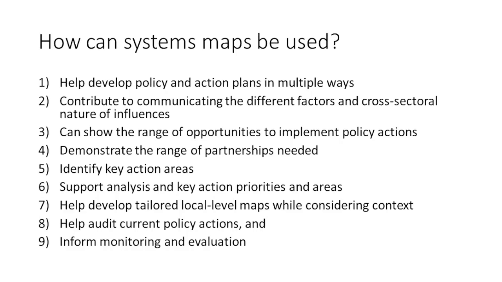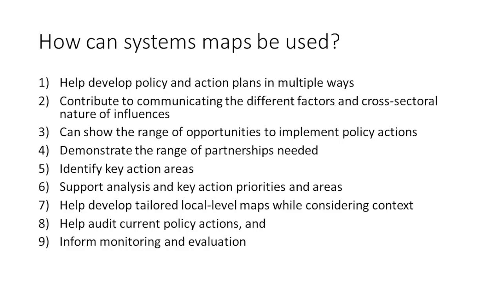Also, the maps can illustrate the range of opportunities that we can use to implement policy actions across multiple areas to influence the system. They could demonstrate the breadth of partnerships that are needed, including outside, say, the health sector in the case of obesity. They could identify key areas for action that may represent opportunities for significant impacts on policy.